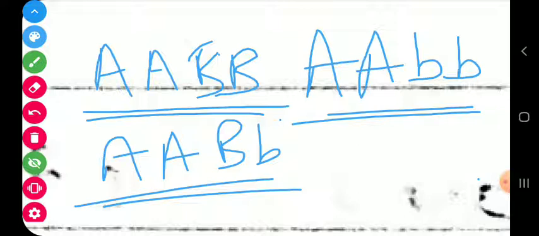If you understand this, you can understand what recessive epistasis is. In this example, both A and B alleles code for compounds necessary for the expression of purple color. The dominant alleles, capital A and capital B, code for compounds that are necessary for the expression of purple flower color.